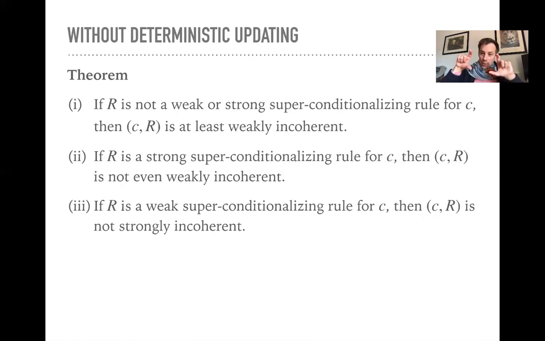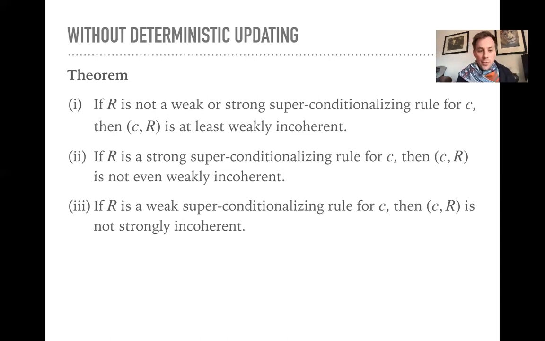This first one says if your prior credence function sits completely outside that, then it's at least weakly incoherent and possibly strongly incoherent. It also says that if your updating rule is a strong superconditionalizing rule for C, then it's not even weakly incoherent. There's not even any sort of Dutch strategy for you, not even one that doesn't gain you money in all worlds and loses you money in some. So that would be if your prior credence function is sitting right inside that, in the interior of that.